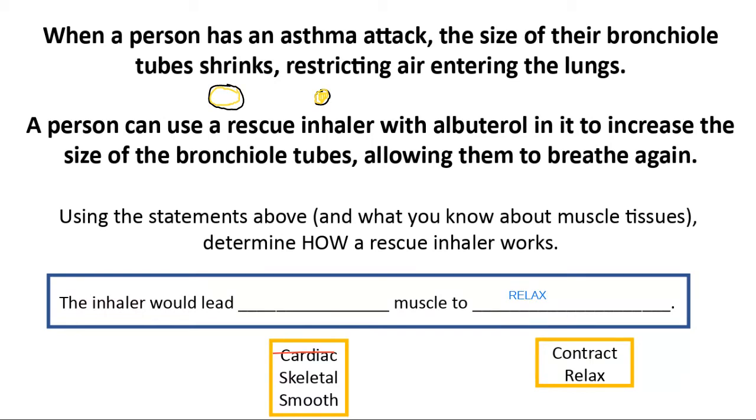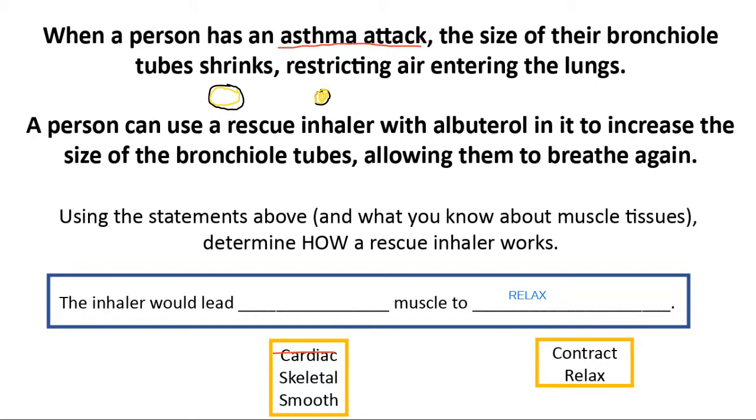And this is where we come back to what I mentioned at the very beginning of this question. When we're talking about an asthma attack, a person doesn't decide to make their airways small. Their airways get small all on their own because they smelled the pollen in the air or were exposed to something that irritated them.